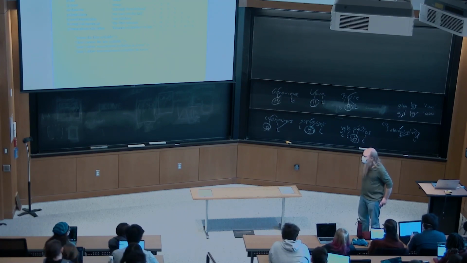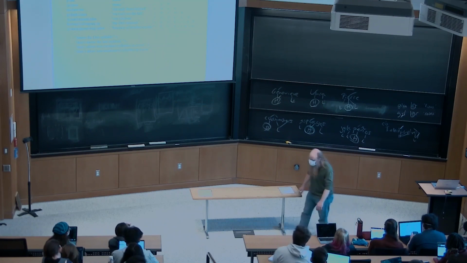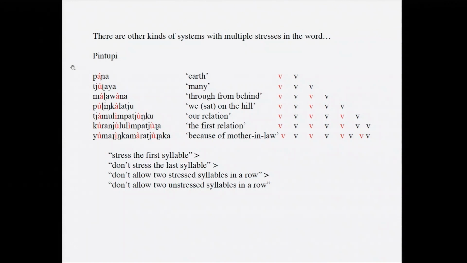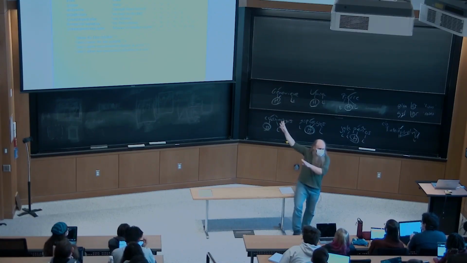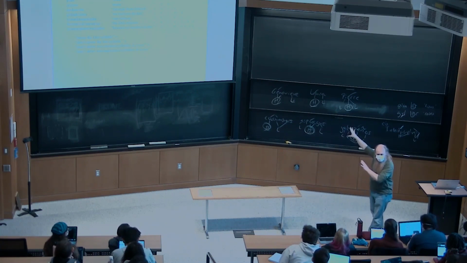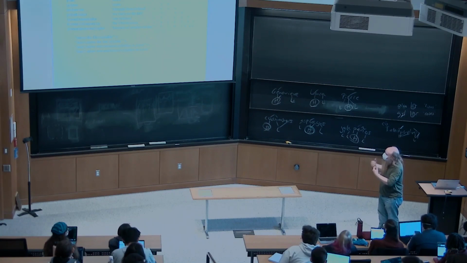Stress the odd-numbered syllables by itself doesn't actually cover this, even though it's what I said. So it's really stress the odd-numbered syllables unless you're going to stress the last syllable, don't stress the last syllable. So even what I just said is best stated in terms of conflicting constraints.